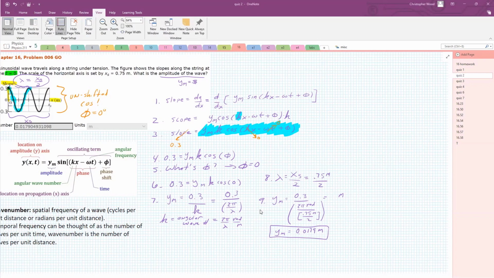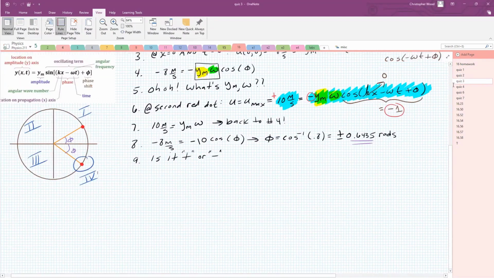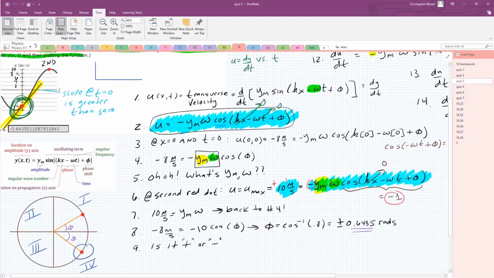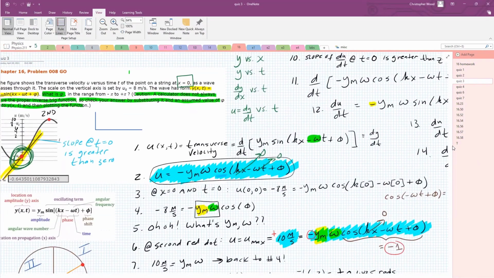And it's still kind of sludgy slow. So I'm just going to go back to the notebook and do quiz 3. Here's quiz 3. This looks pretty involved.